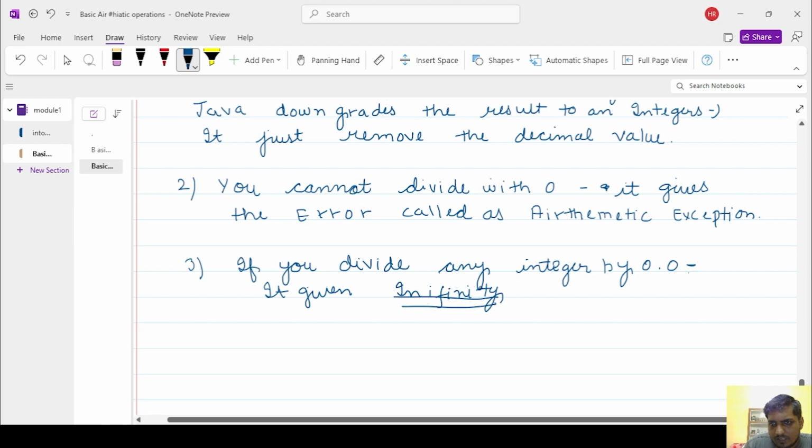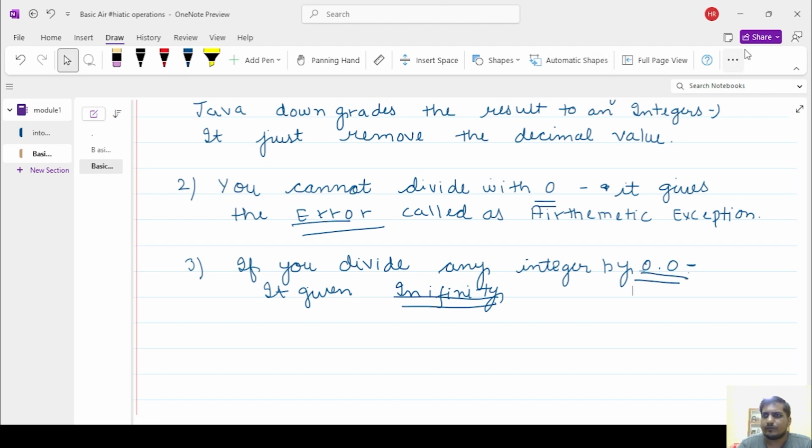It shows an error when it is divided by 0. If we divide by 0.0, it gives infinity. Just check these points very carefully.